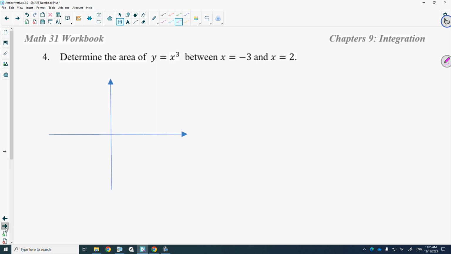So the graph of x cubed would be, this is the graph of y equals x cubed. It wants the area from -3 to 2.